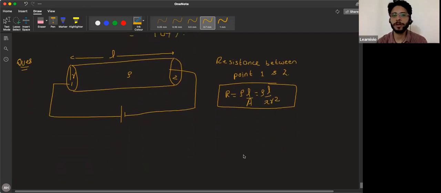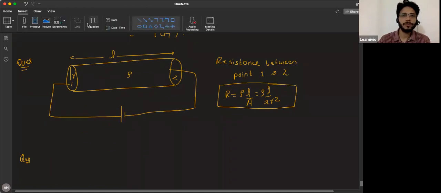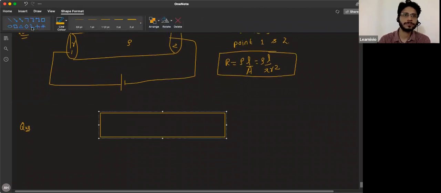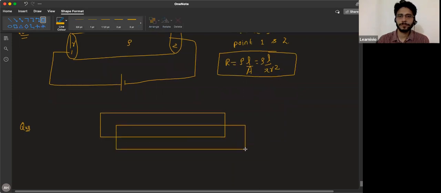It's the resistance between point 1 and 2. You can have other types of questions also. Instead of this cylinder, we can give you a cuboid, a conductor of this shape. Let's say this conductor is given.